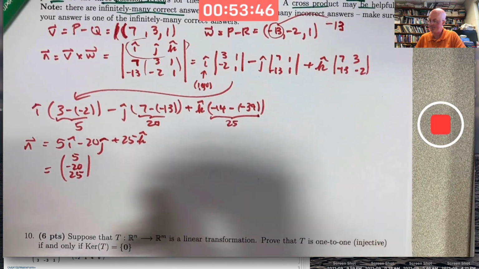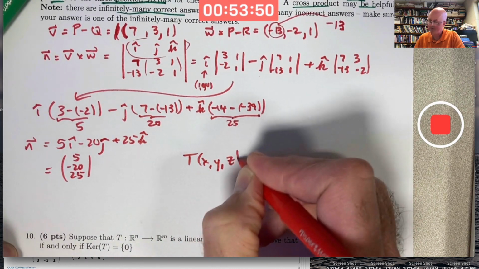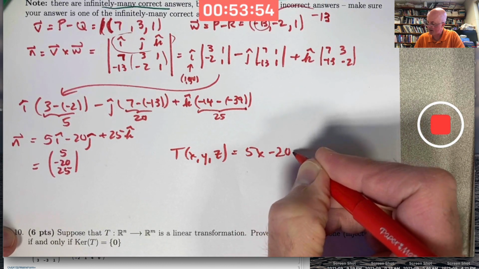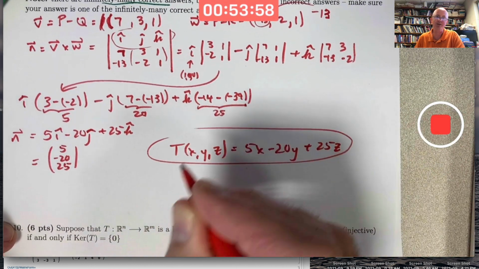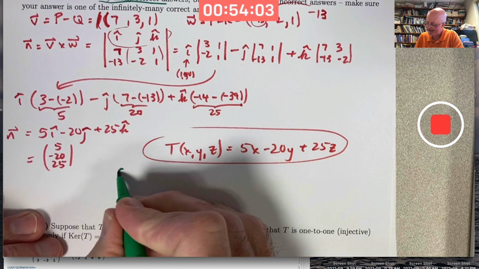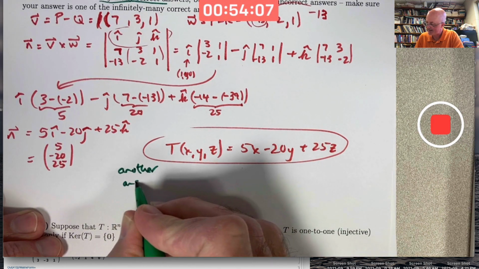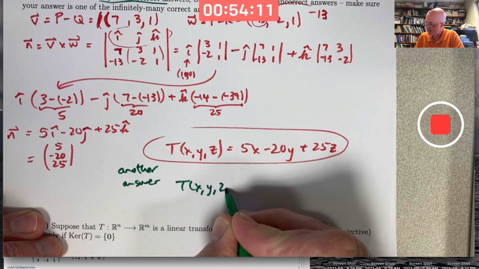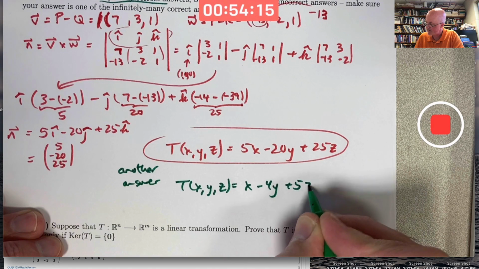And that means T of x, y, z is going to be 5x minus 20y plus 25z. That's one answer. Another answer is any non-zero scalar multiple of that. How about dividing everything by 5? x minus 4y plus 5z.